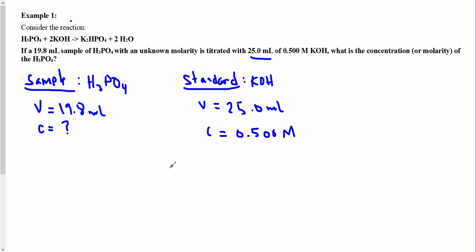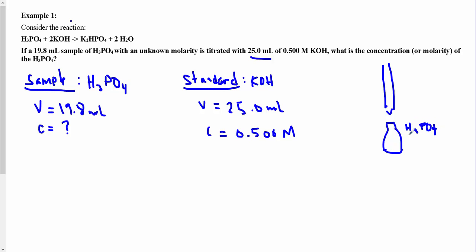Some people might like to do the exact same idea, but maybe drawing themselves a little picture. I know sometimes students like to actually draw what a titration looks like. So they might draw their flask here. This isn't a very good flask, but you can see here that you could label your sample. Again, anything that works for you. So the phosphoric acid, H3PO4, is our sample.